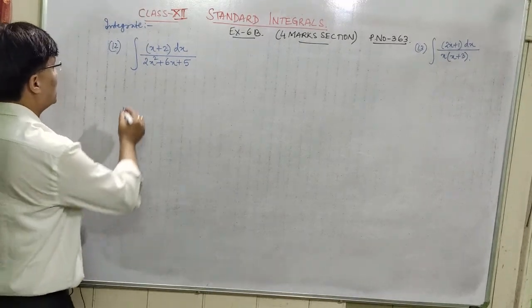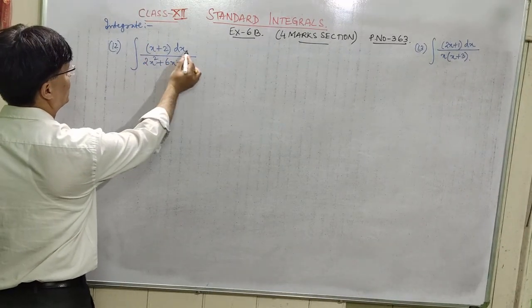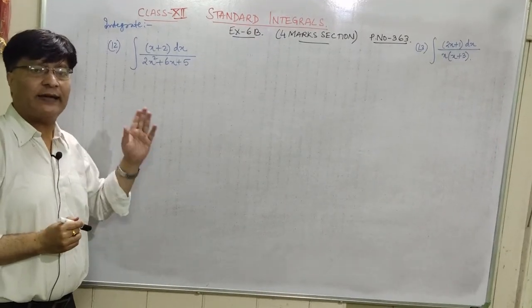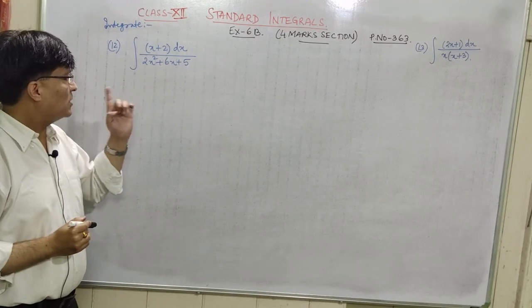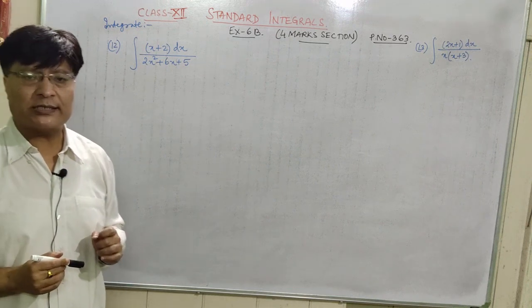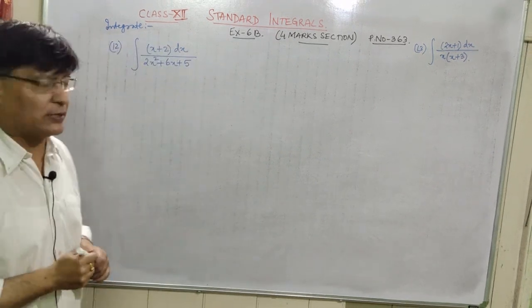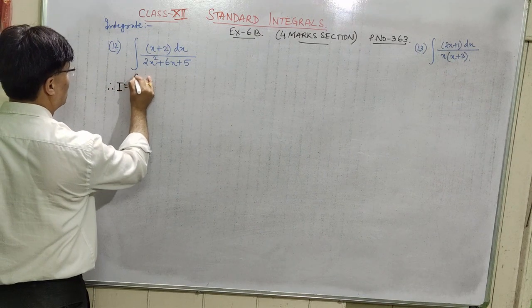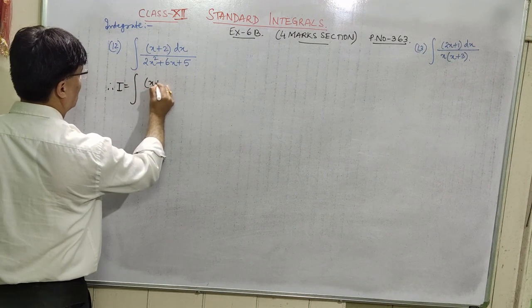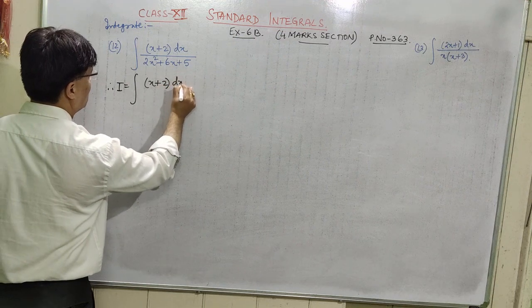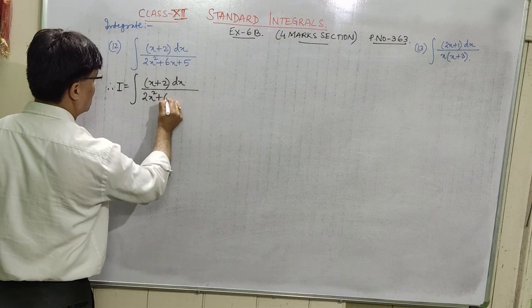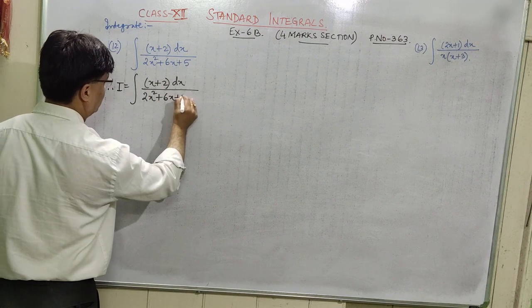You have to integrate integral sign x plus 2 dx divided by 2x square plus 6x plus 5, and this 2x square plus 6x plus 5 cannot be factorized. So let us write here I is equal to integration of x plus 2 dx divided by 2x square plus 6x plus 5.